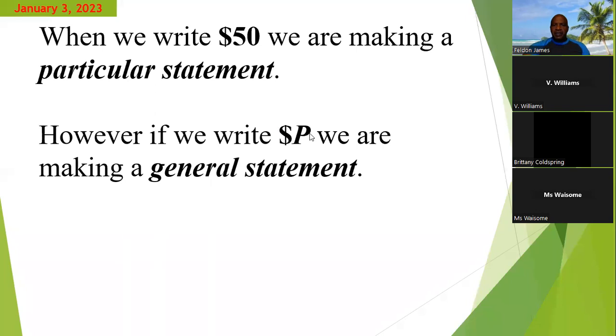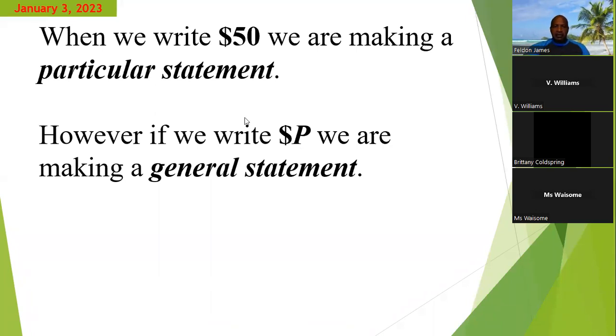But when we say $P, we really don't know what value we're referring to in terms of a particular value. So P here can take on any value at all that we give to it. We can give P a value of 1, 2, 3, or any value.